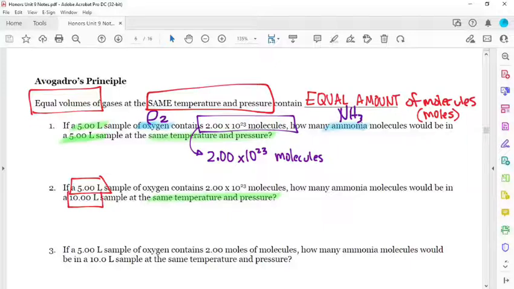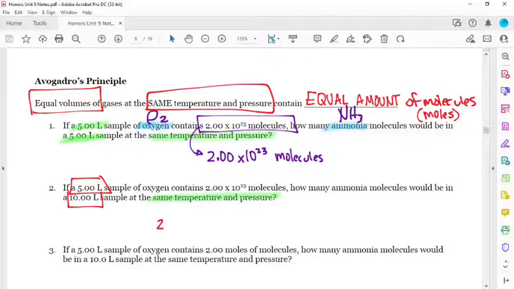It's 10 liters instead of the 5-liter container of oxygen. But as long as they're at the same temperature and pressure, if my volume has doubled, then that's like having 2 5-liter containers of ammonia. I'm going to have twice as many total molecules if I had 2 of those containers than I did at 1. And each of those 5-liter containers of ammonia would have exactly the same number of molecules as my oxygen.